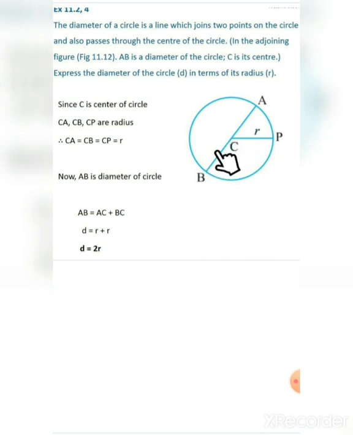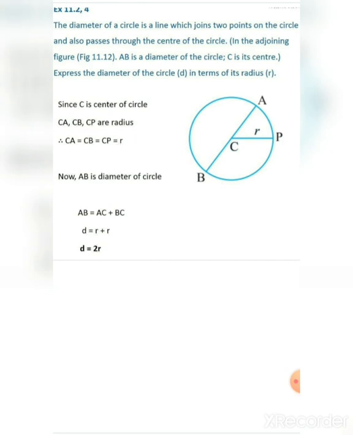So 3 radii are here in this figure, CA, CB and CP. And we know all the radii have the same measurement. So CA is equal to CB equal to CP, and that is equal to R.